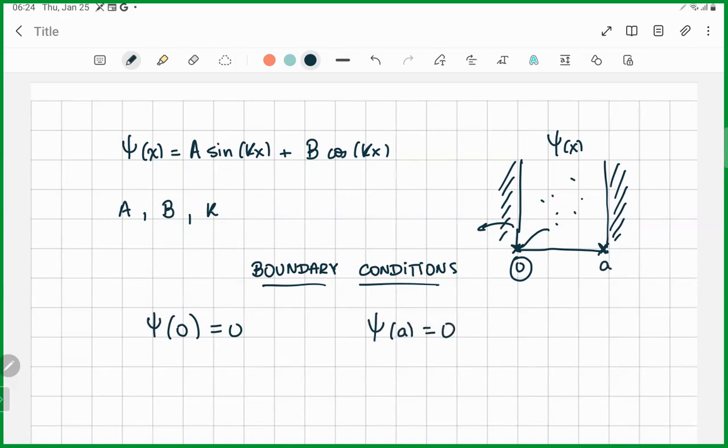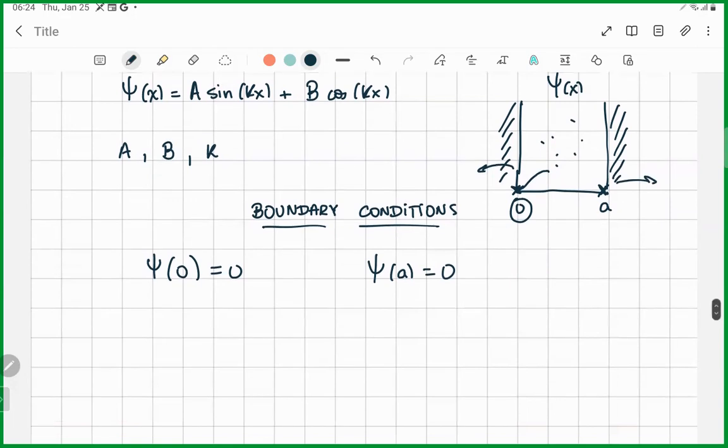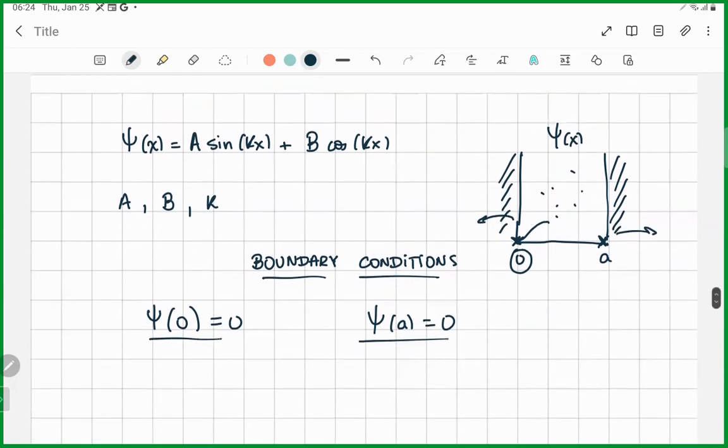No probability to find the particle there or beyond. Okay, so these are the boundary conditions, and we are going to use them to try to find the unknowns in the way that we wrote the wave function.